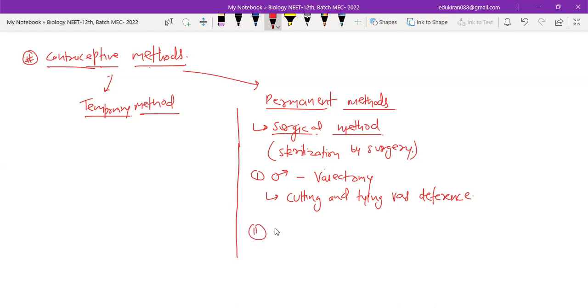The second method is for females, which is known as, what is the equivalent of vas deferens in females? What is it called? Fallopian tube. Yes, so we call it tubectomy.